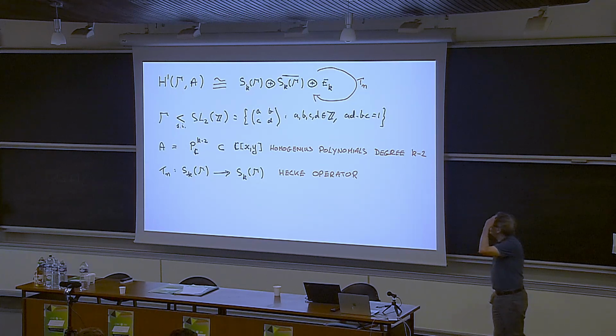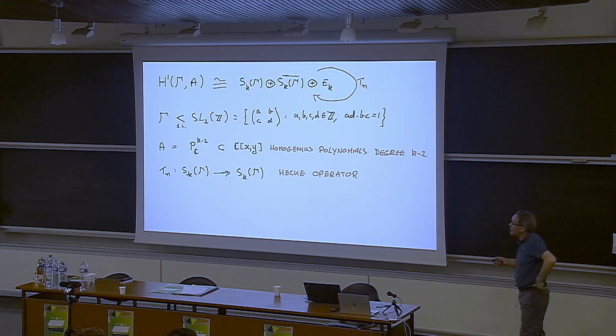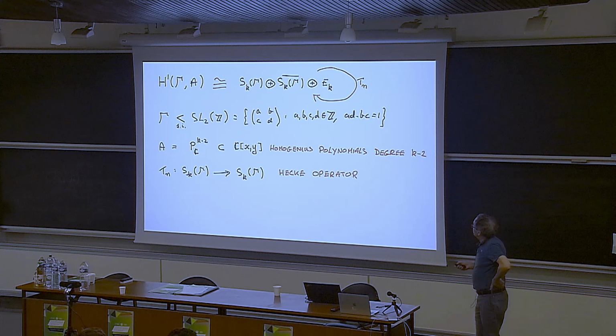And then there's something called a Hecke operator, which is a homomorphism from this cohomology group to itself. There's one for each integer n. It actually preserves these subgroups.